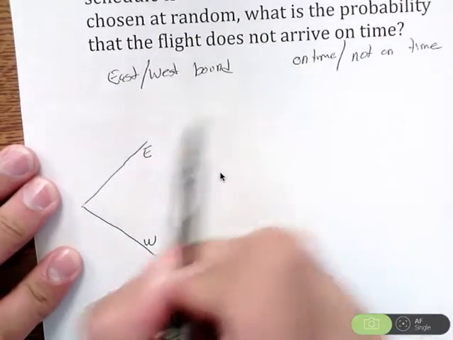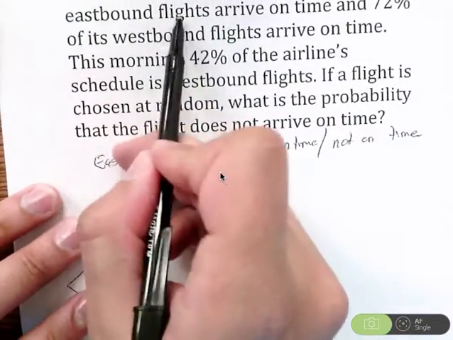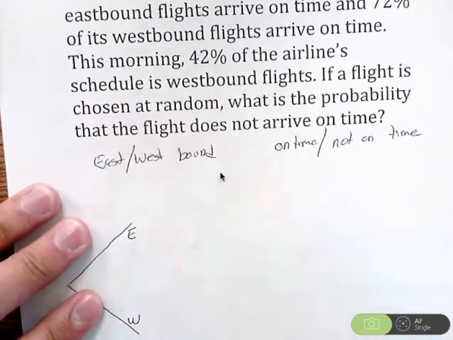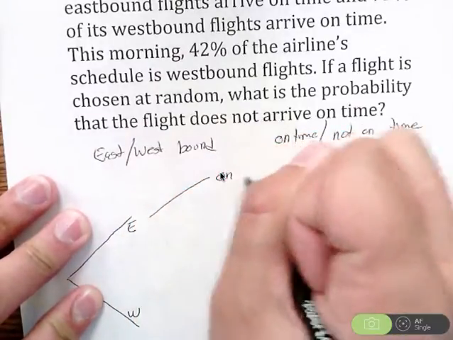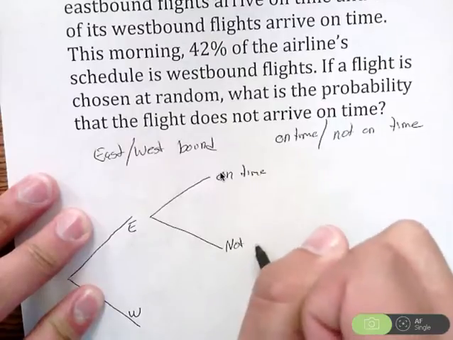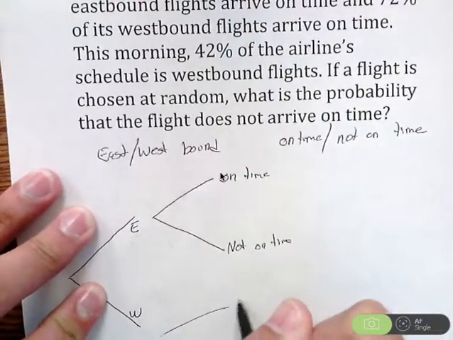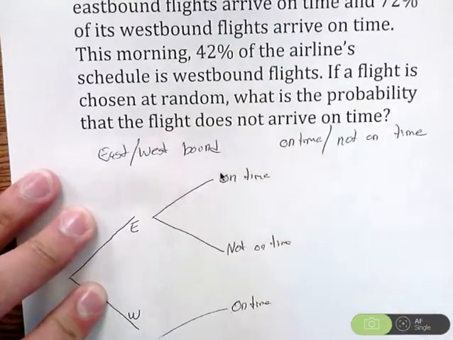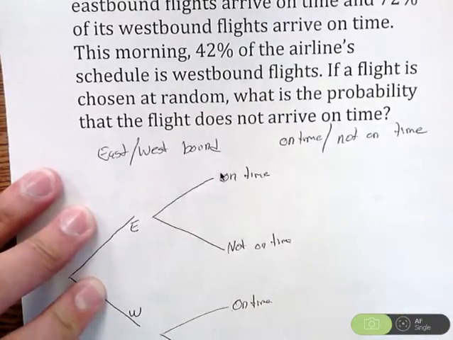Then on time and not on time, because there was a point where I talked about eastbound flights arriving on time. So this is eastbound, and then we split it again into on time and not on time, and the same for westbound.